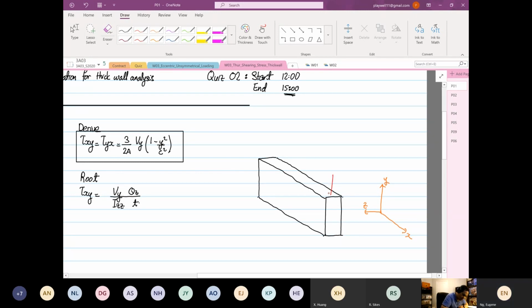The face that we are concerned with, that we are calculating now, is this face that I'm going to highlight in yellow. But the shear stress that we are calculating for is this. So this plane will intersect the x-axis, and the shear stress direction is in the y direction.